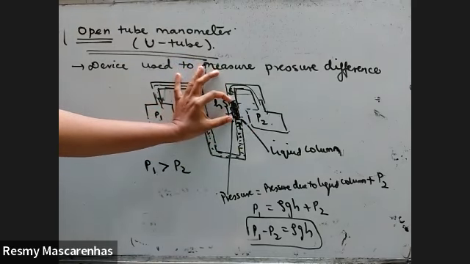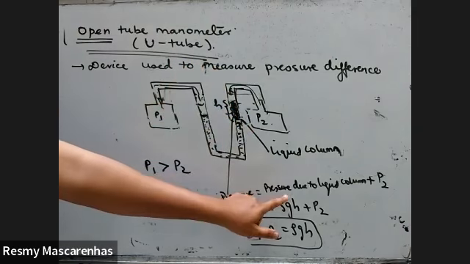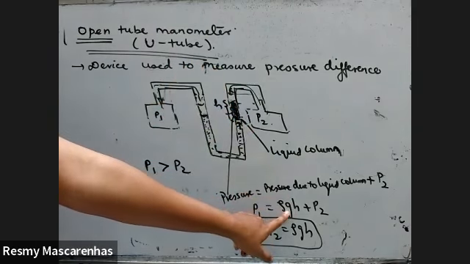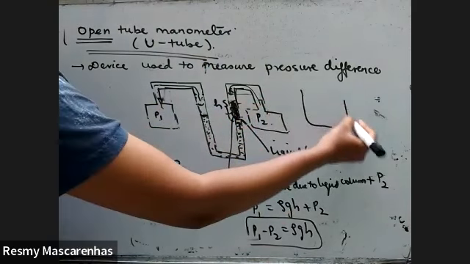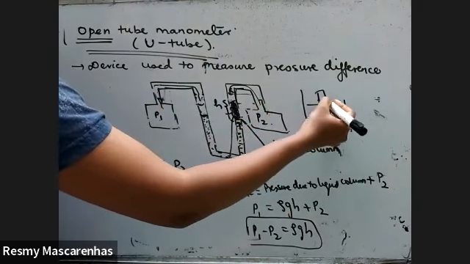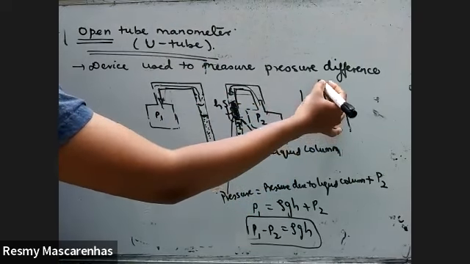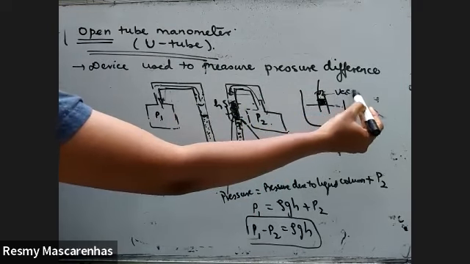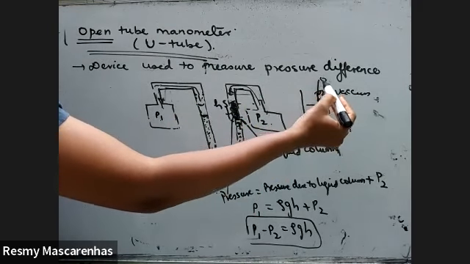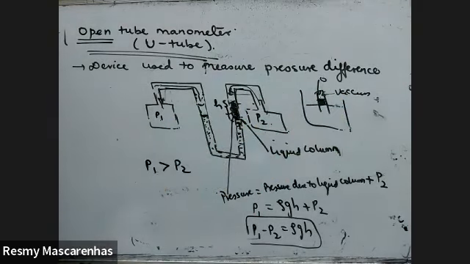Every liquid column, I told you, will always have some pressure, and that pressure due to the liquid column is given by the formula rho gh. Now in the previous case, when we were doing a barometer, why did I not consider any pressure from the top on that liquid column? Because we had assumed it was a vacuum, so the pressure from the top was assumed to be 0.